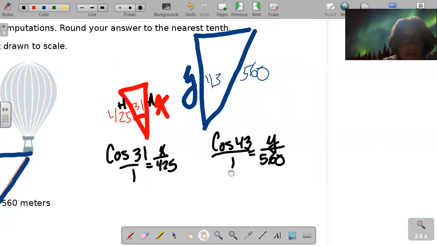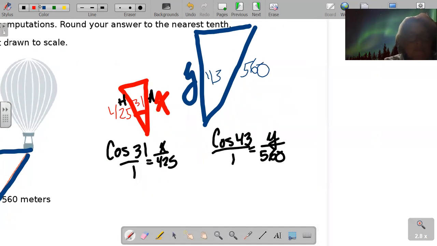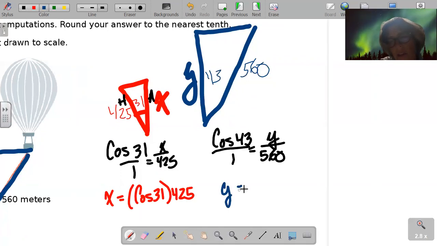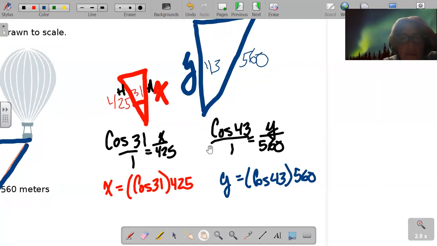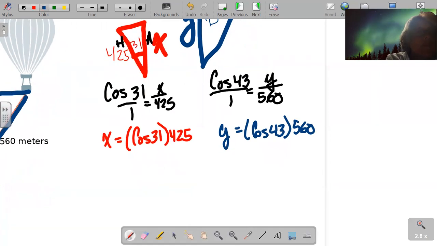We isolate, and this is going to equal X equals cosine 31 times 425. This would equal Y equals cosine 43 times 560. And we want the longer Y minus the shorter X will get us that height difference.